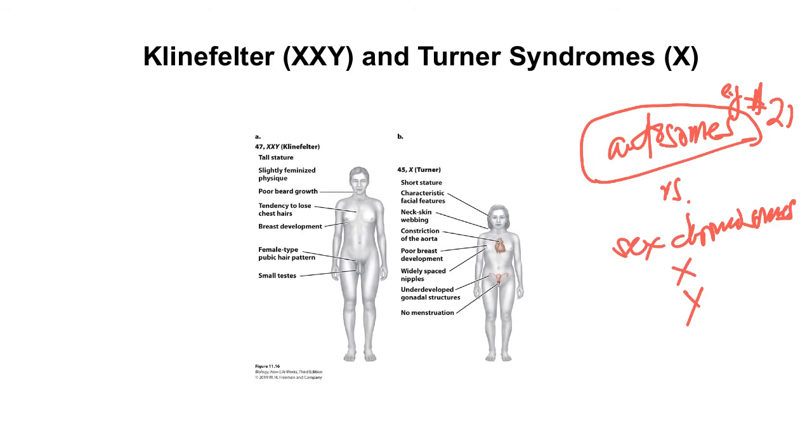One of the more common examples is the Klinefelter syndrome, or the syndrome that manifests the presence of an extra X in the individual. And there is the Turner syndrome, where you only have one sex chromosome. So this is an X, or sometimes designated as X0.